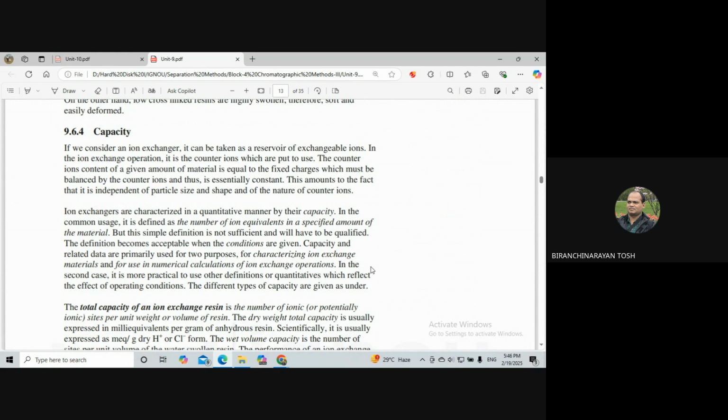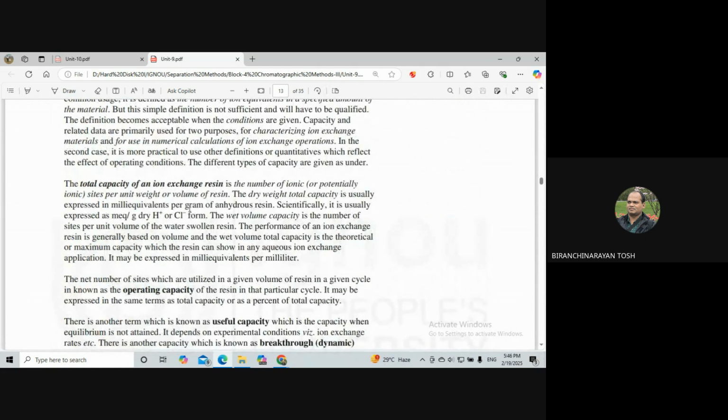This amounts to the fact that it is independent of particle size and shape and of the nature of the counter ion. So the total capacity of an ion exchange resin, the number of potentially ionic sites per unit weight or volume of resin, is known as the capacity of the resin.